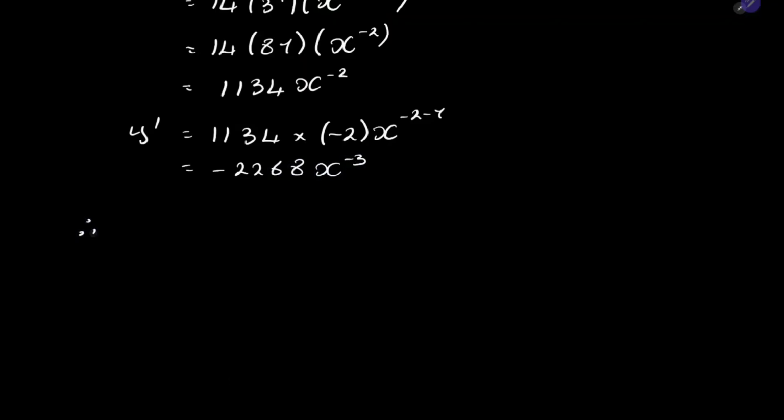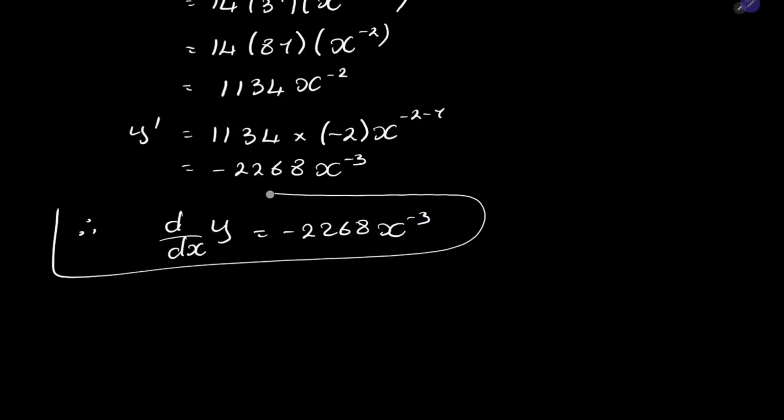So we can then conclude that the derivative with respect to x of y is equal to negative 2268 x to the negative 3. We enclose the answers.